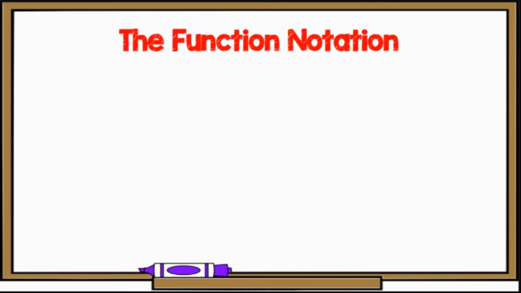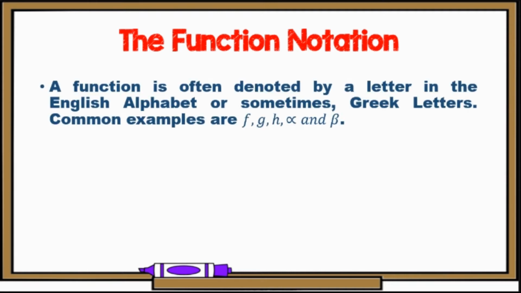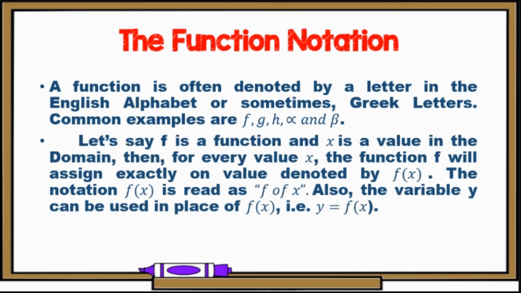Now let's talk about the function notation. This is how we represent functions. A function is often denoted by a letter in the English alphabet or sometimes Greek letters. Common examples are f, g, h, alpha, and beta. Let's say f is a function and x is a value in the domain.